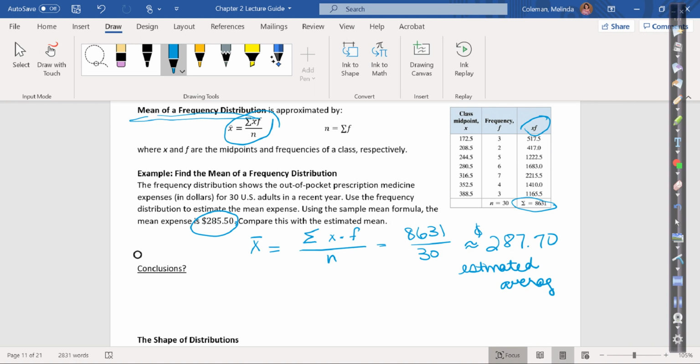Well, the regular average, the actual average, or the actual mean is more accurate than the estimated.